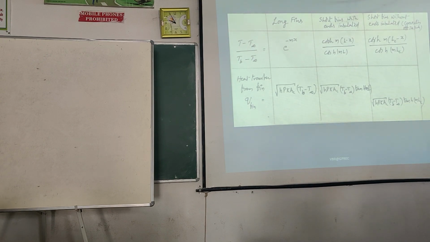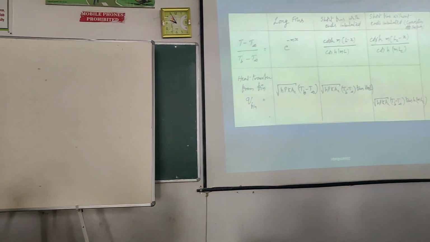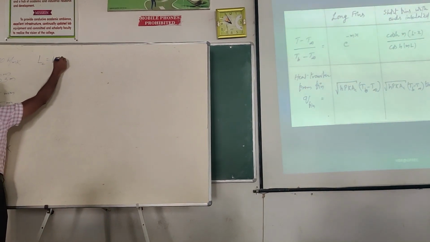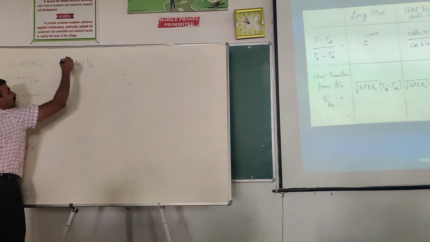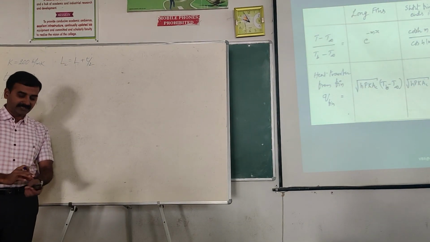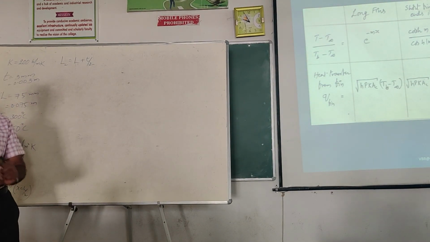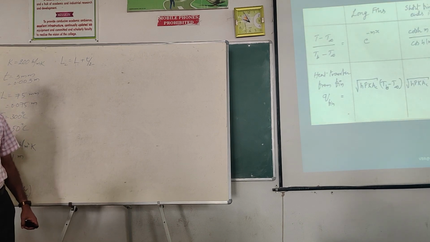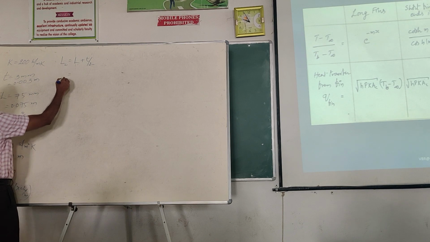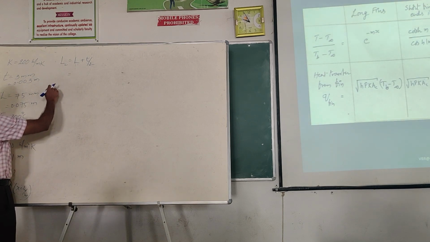Now, what is Lc, the corrected length? Corrected length is L plus t by 2 if it is a rectangular profile fin. If it is a circular profile like a rod, then it is L plus d by 4. So this is 76.5 mm.